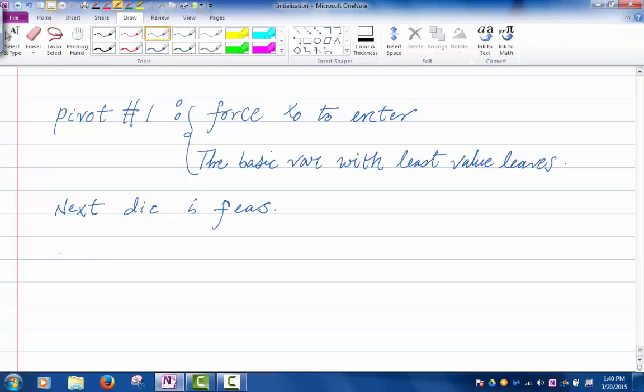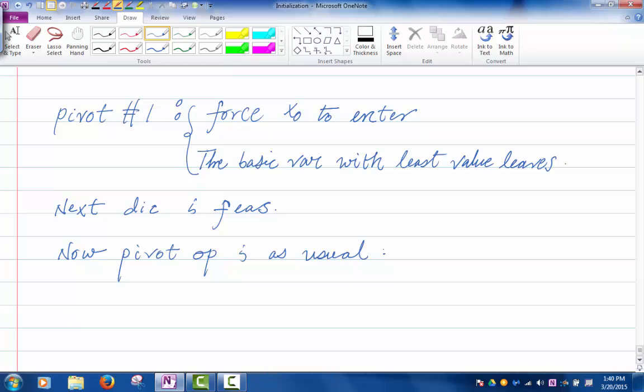Now pivoting operation is as usual. When I say as usual, I mean the same as for the optimization phase.